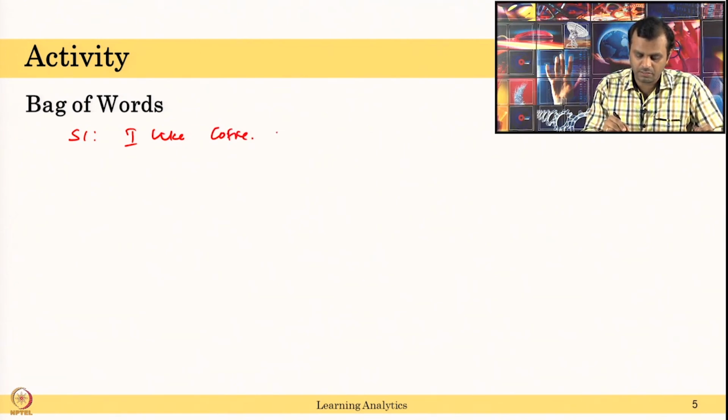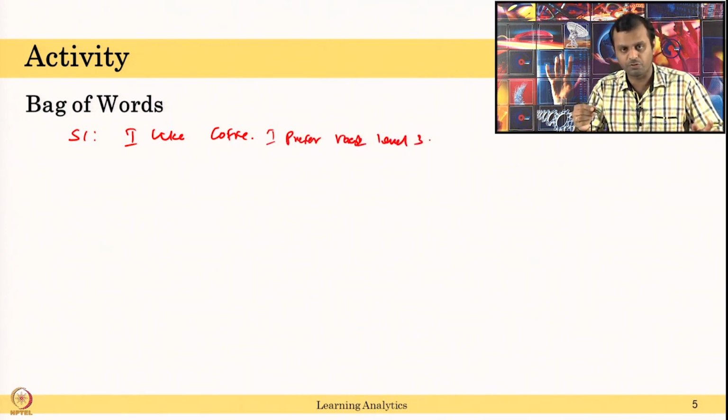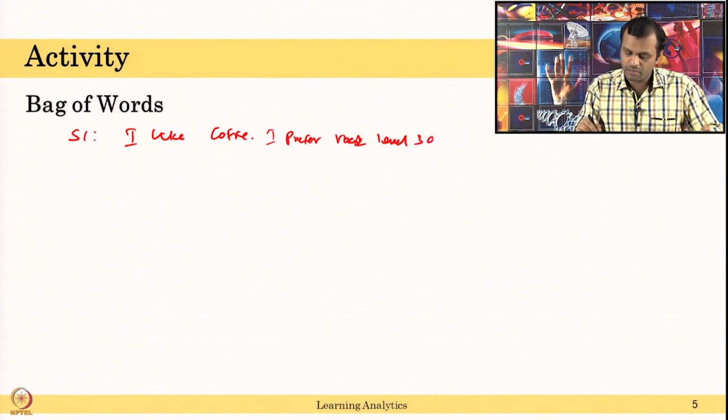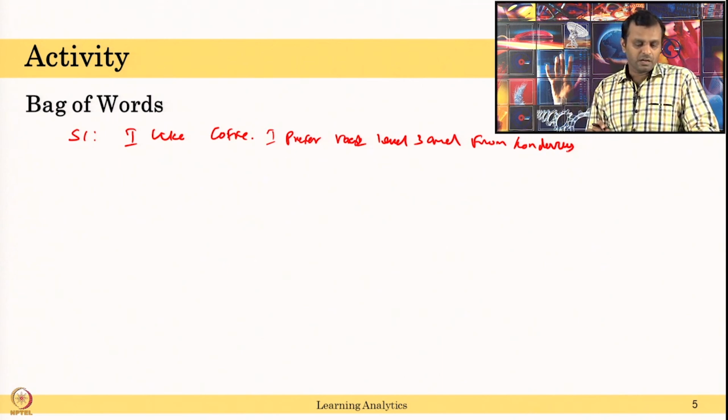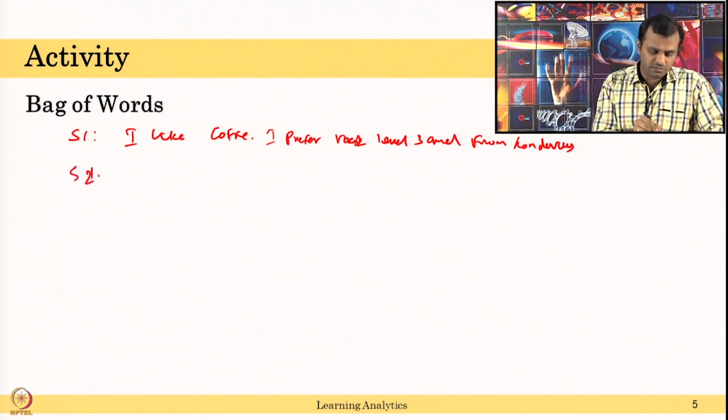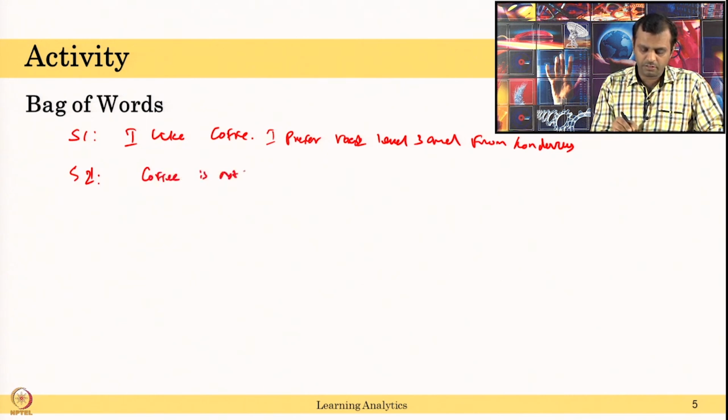So, I like the coffee, I prefer roast level 3 or medium or 4 is good, okay, anyway. And from some country, so Honduras, something like that, okay, you can just write it. Student 2 says that coffee is not good for health.